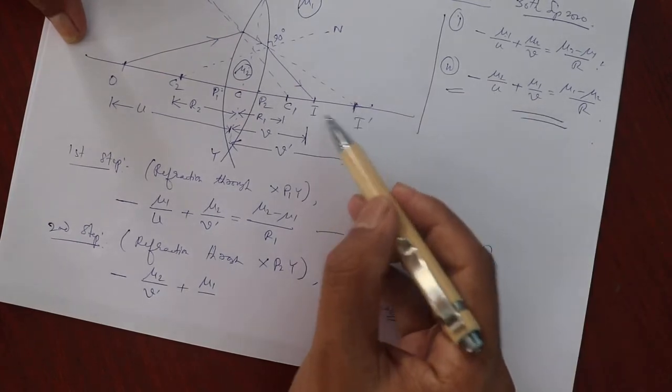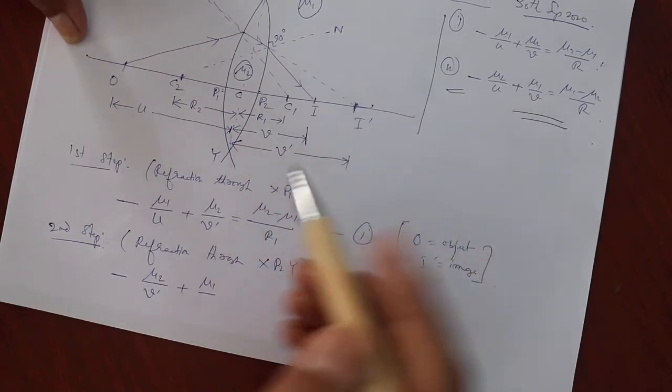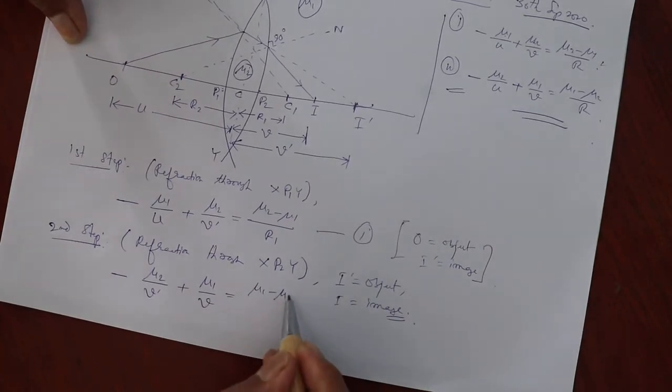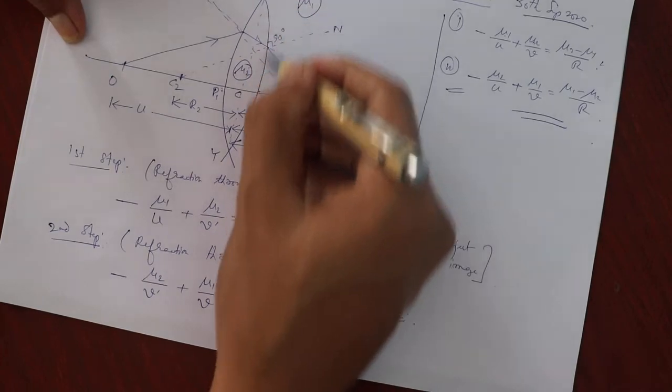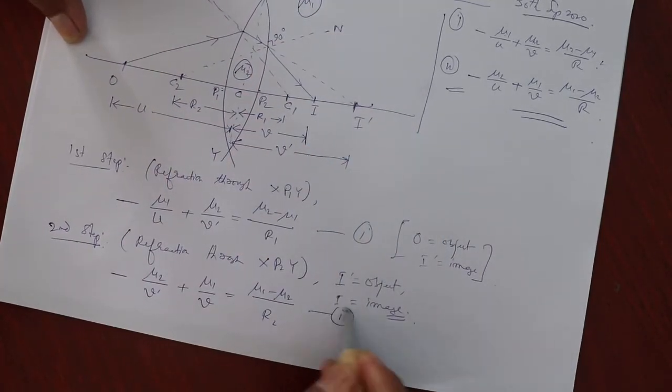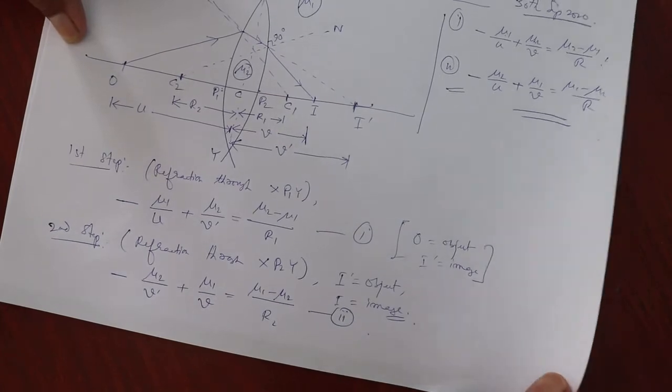Here is the object, here is the image, so the image distance becomes v here. So you can write v, this is equal to mu1 minus mu2 by the radius of curvature for this surface, which would be R2 here. So you have got the second equation here.